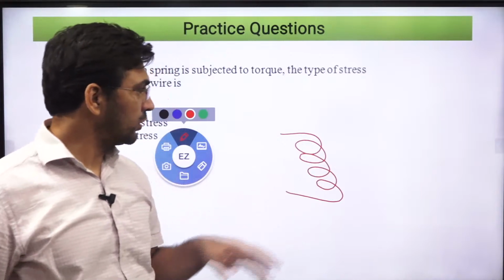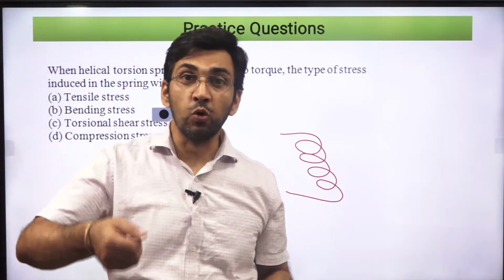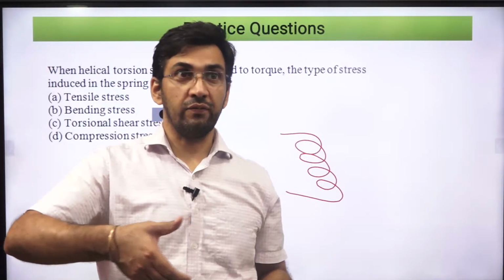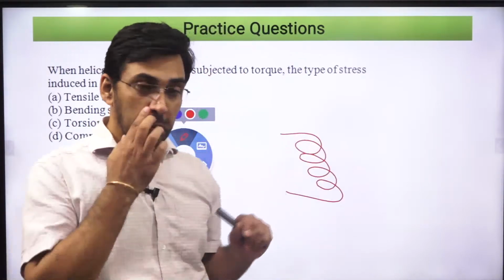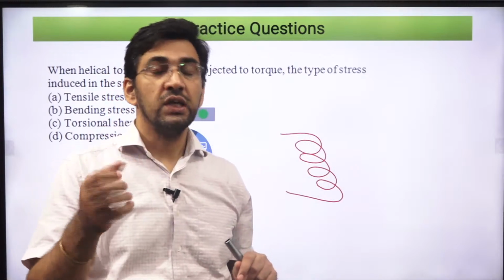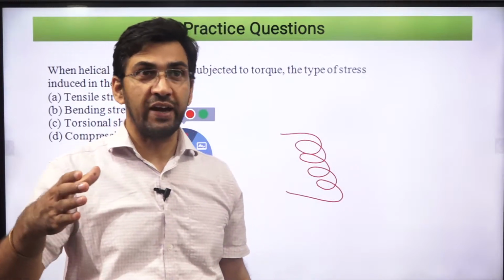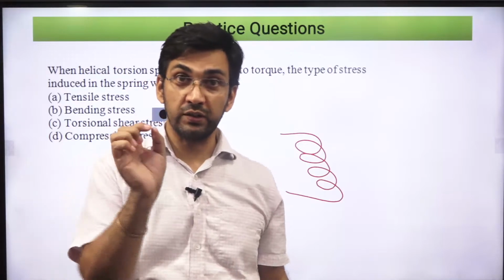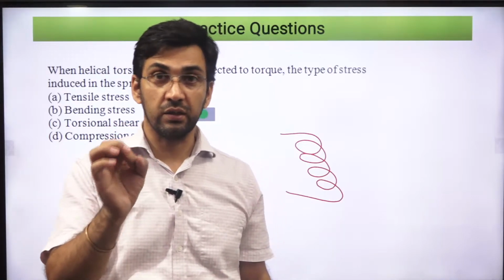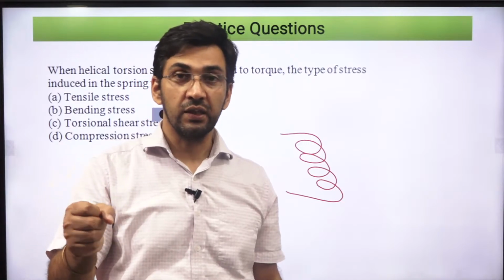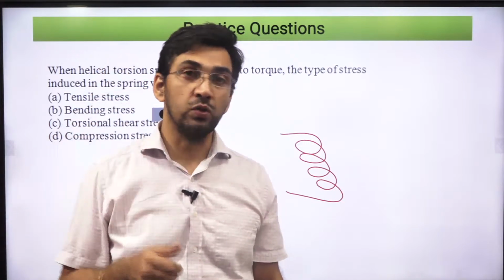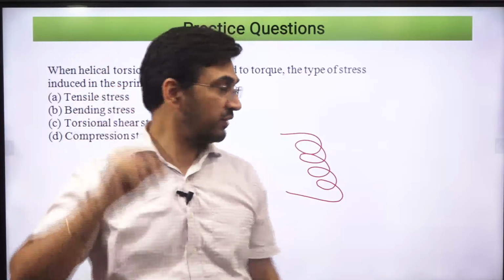You may have seen it in a cardboard clutch, where when you press it you have this kind of spring. Or you may have seen the hand clutch, if some of you do the exercise. That spring wire is very thick, with a larger diameter. When you compress it for hand exercise, or maybe in the hair clip girls use, there also you have that kind of spring.